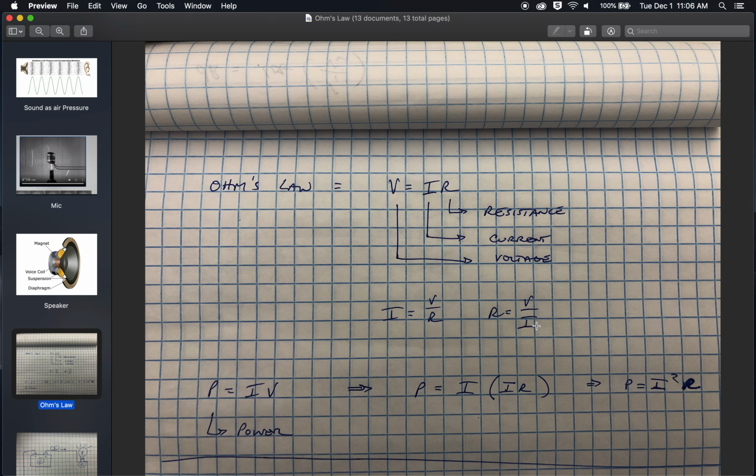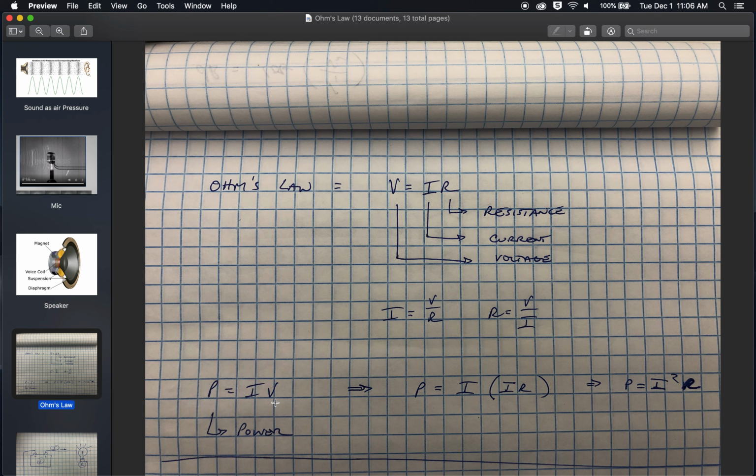And so the power rating of a speaker, and also an amplifier for that matter, is measured in power, and the unit that we measure for power for systems like this is watts, right? So power is measured in watts, and that is equal to the current times the voltage.